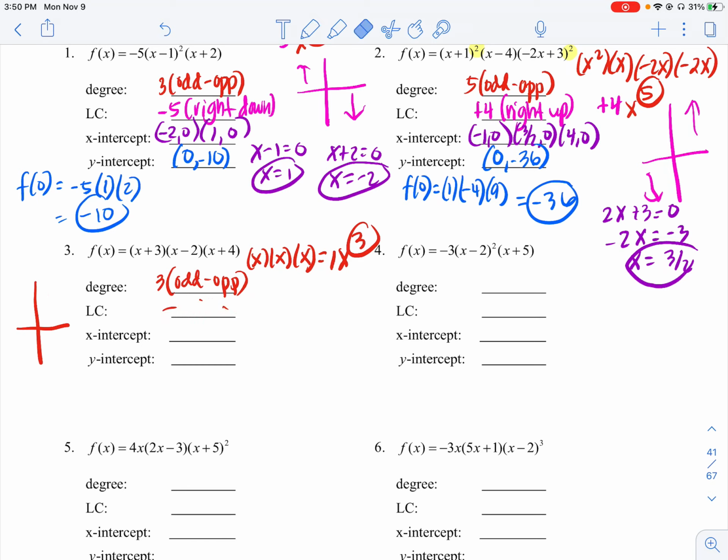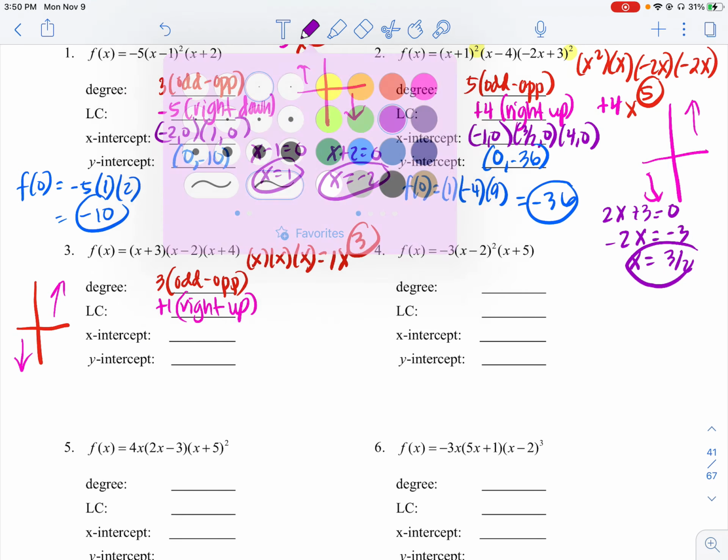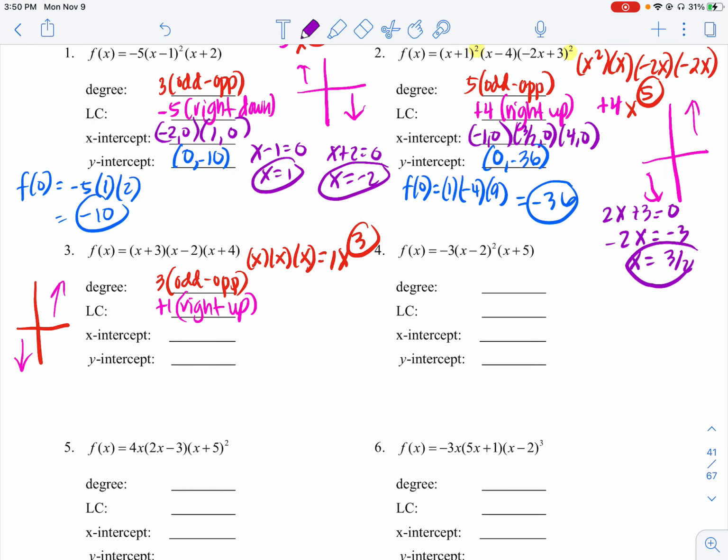Oh, no. It messed up our color. You have to redo that because the tendency is you are going to get confused. Right up, left down. And then our x-intercept would be negative 4, 0, in order from smallest to the greatest.